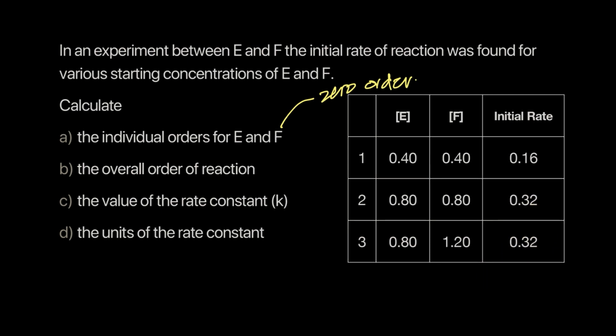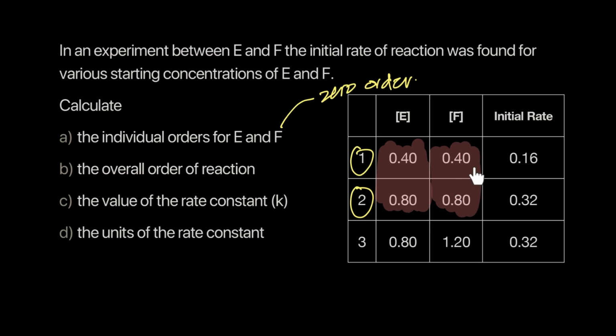That means now that if I compare experiments 1 and 2, and why am I going to compare 1 and 2? Because that's where E is changing. Either it's 1 and 2 or 1 and 3. It doesn't really matter, you'll see it won't matter, because F, though changing, has no effect on rate.